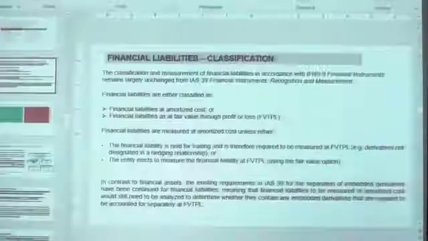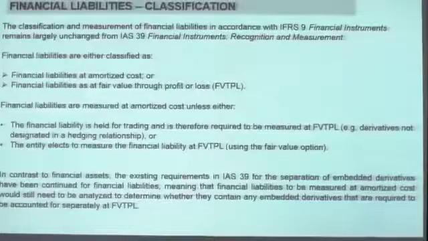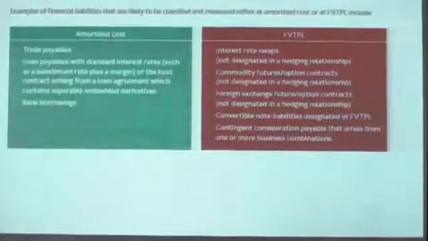Now, what you need to learn here are the examples of financial liabilities that are likely to be classified and measured at amortized cost and fair value through P&L. These are the examples under SLFRS 9.